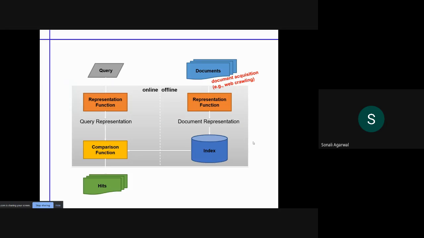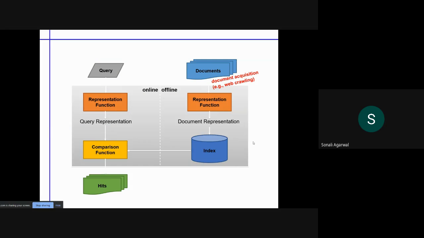So this is the overall block diagram. We are working in two domains: one is the query and the second is the documentation. The first task is how to prepare the appropriate query and represent it in such a way that we can match that query with the specific representation of the documents.